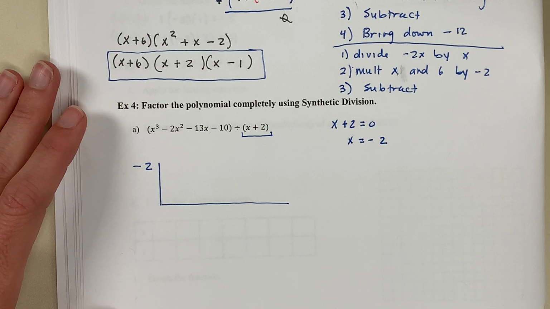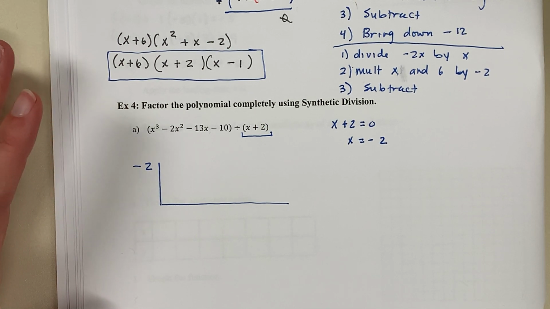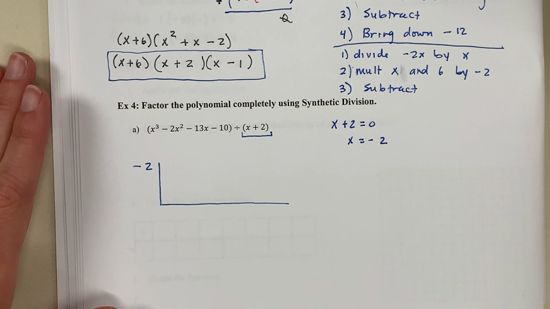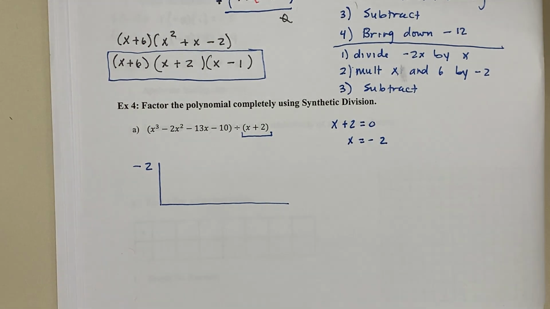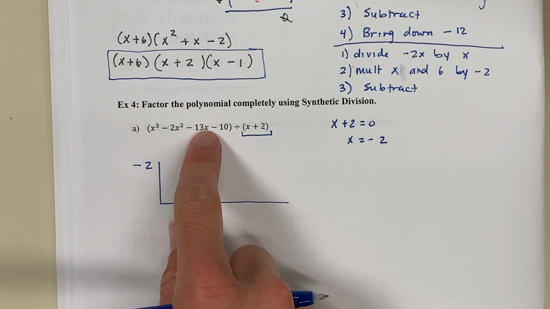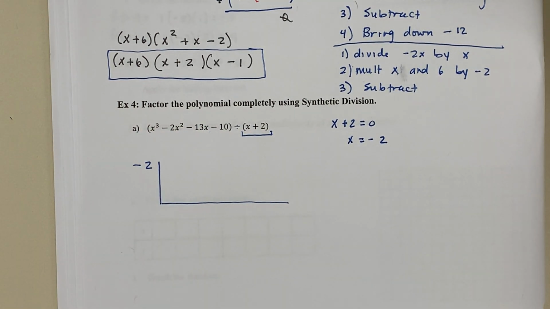Now within synthetic division, we're only going to list the coefficients. That's the number in front of x. It has to be in order from the highest power to the lowest power, and we have to include every power. So say I have x to the third power, and then it just goes straight to x and doesn't include an x to the second. I would have to replace the spot for x to the second power with a 0.